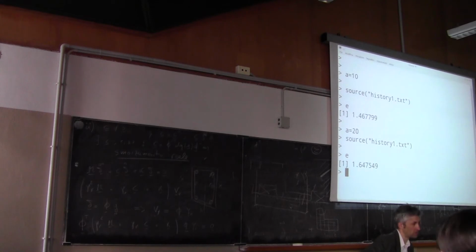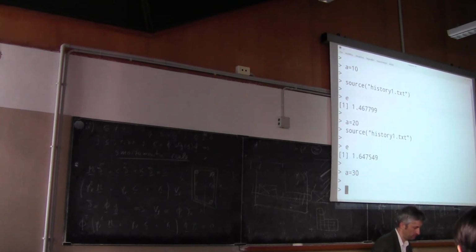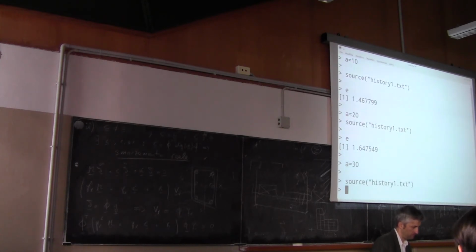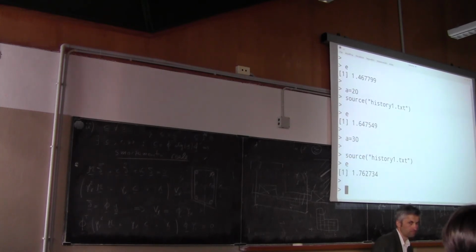When you use the source command, it doesn't display the output to the screen. But in any case, you get the results there. And you can do A equal 30, and then source, and then E. This is programming.